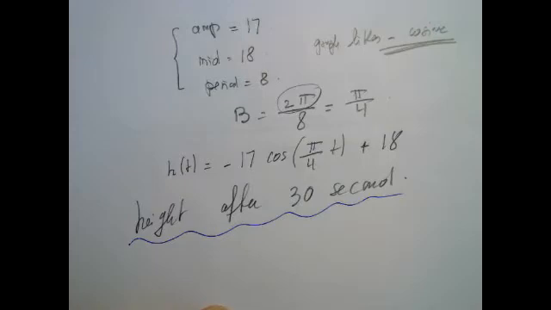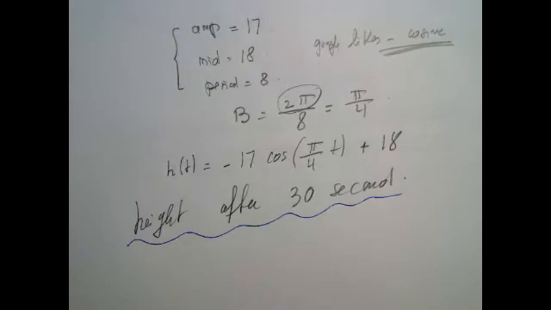Can't you divide the height at 2 minutes by 4? Repeat what you said. I said, can't you divide the height at 2 minutes by 4, since you're trying to find the height at 30 seconds?